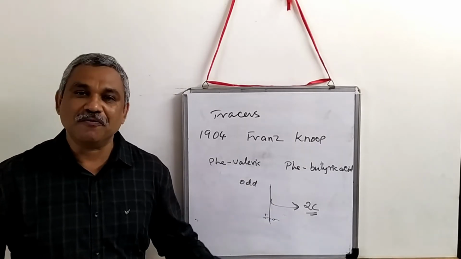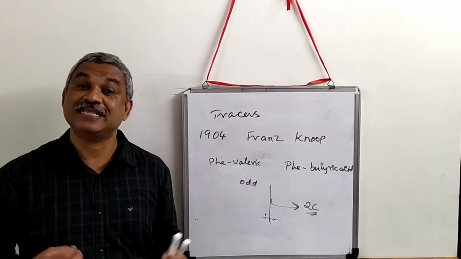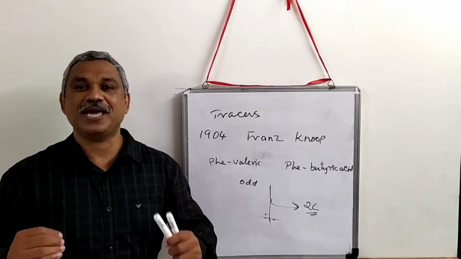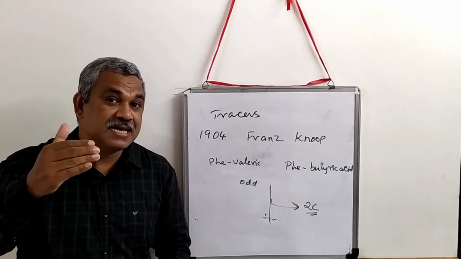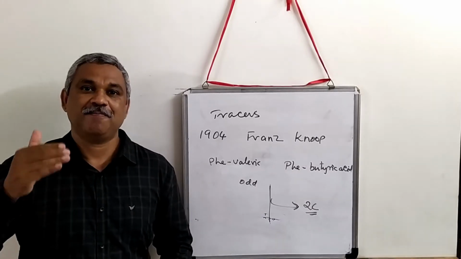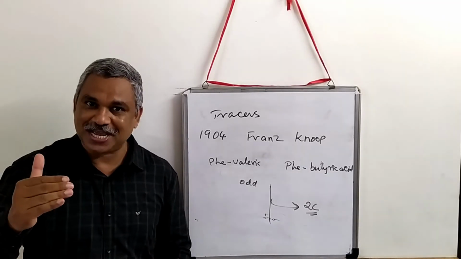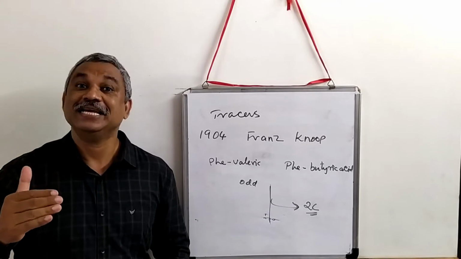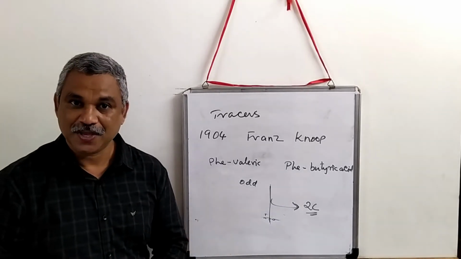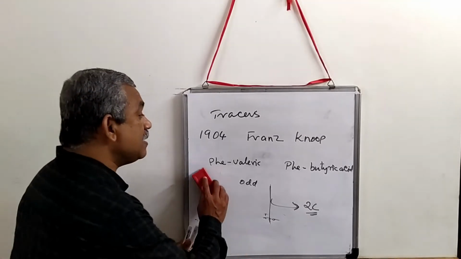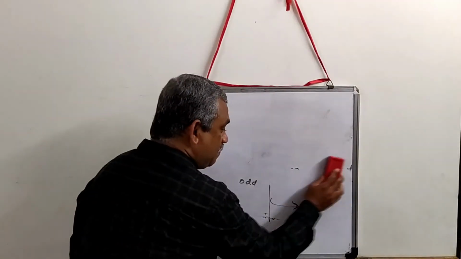Later on, he proved that this 2 carbon unit is acetyl-CoA. We need to appreciate how painstakingly scientists used their intellect to elucidate different pathways. So it happened in 1904.